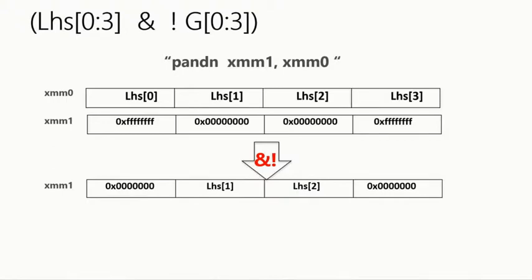So now, this is the first part of that predicate. In other words, wherever that mask was false, we're going to need to retain the original left-hand side. So when we evaluate that machine instruction, we're going to wind up with that in XMM1. So it means in two places, we are going to have to put back the old value.